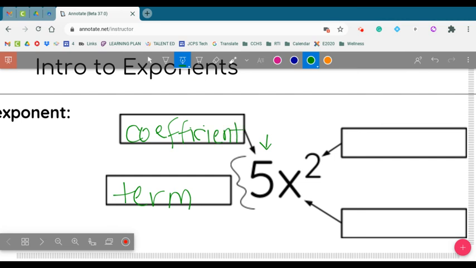Our 2, this is our exponent. So we have to keep that in mind. And then the x, yes, it is a variable, but anytime a variable or a number has an exponent, we call that number or that variable the base, because that is the base to that exponent. That's what that exponent is representing.